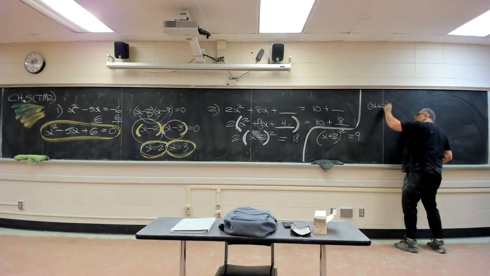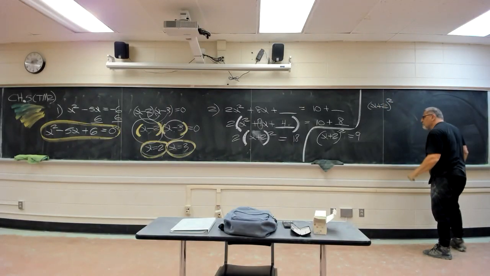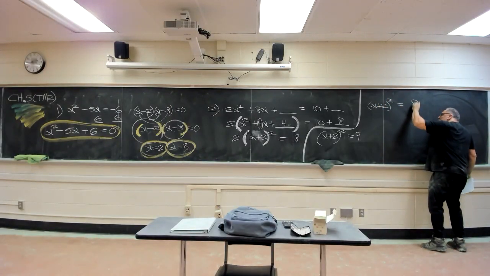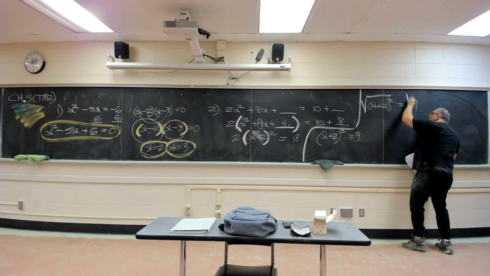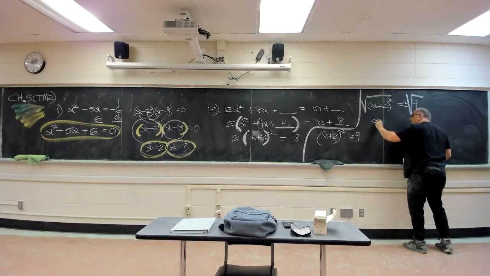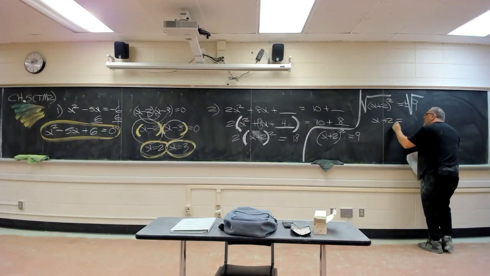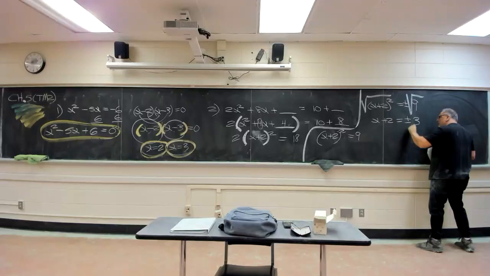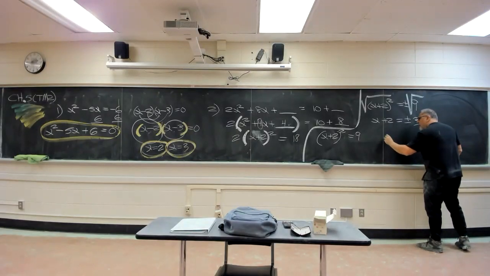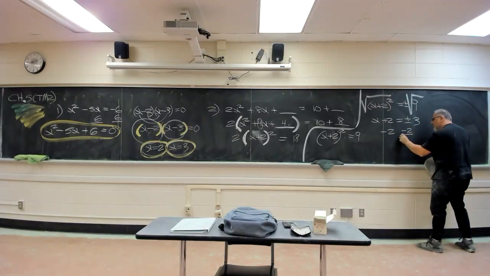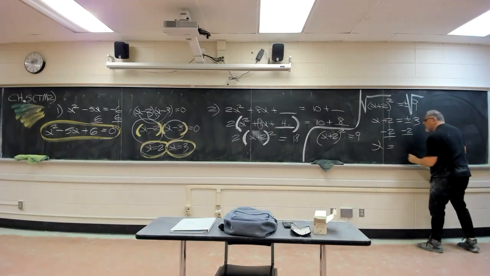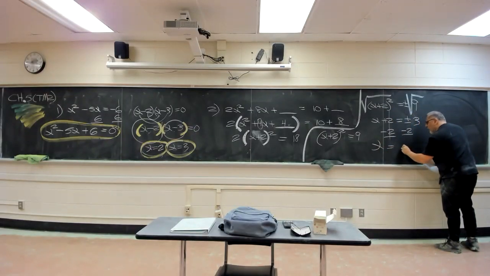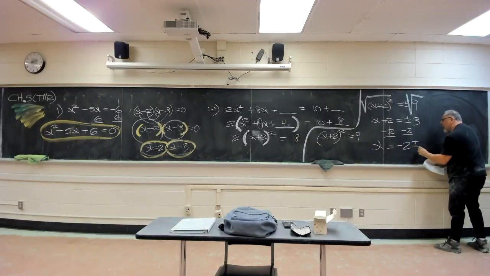X plus 2, the quantity squared, equals 9. If you square root both sides, it's plus or minus the square root of 9. The square root of this is x plus 2. Here, it's plus or minus the square root of 9, which is 3. If you subtract 2 on each side, that's out of there. You get x equals negative 2 plus or minus 3.